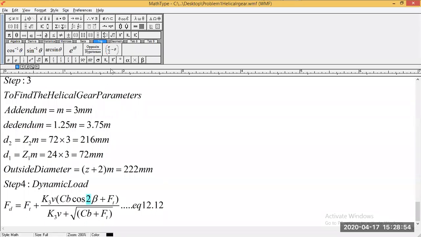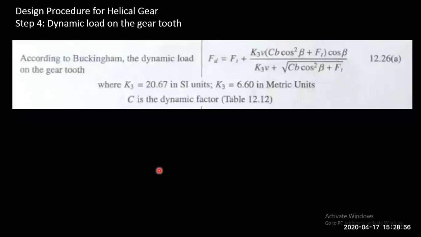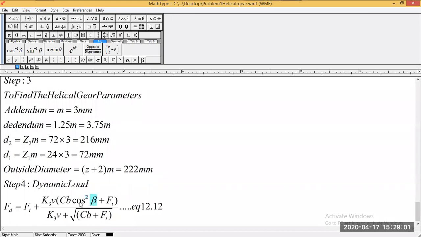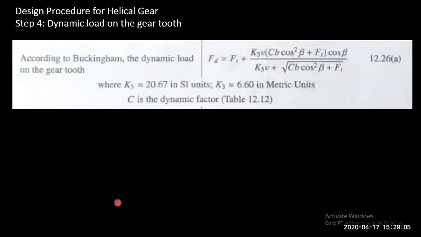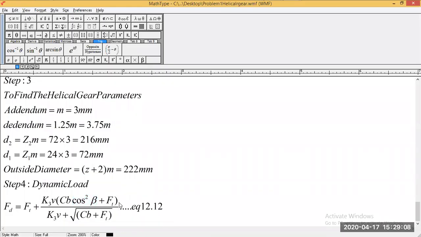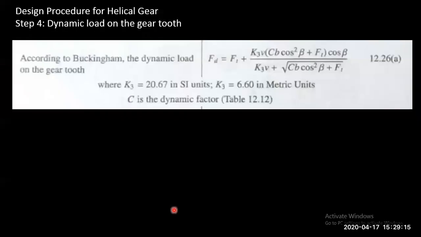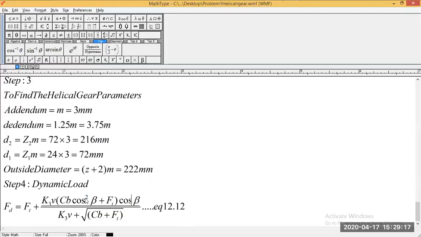So this square goes up, cos square beta, and Ft again cos square beta, cos beta. This is just cos beta, and the same thing in the denominator, cos square beta.